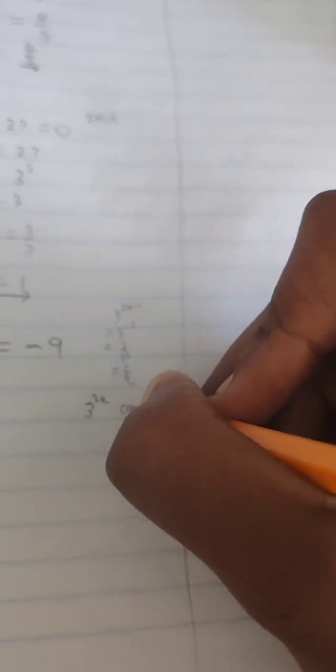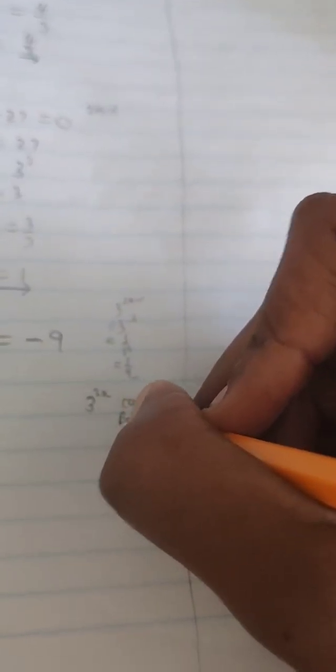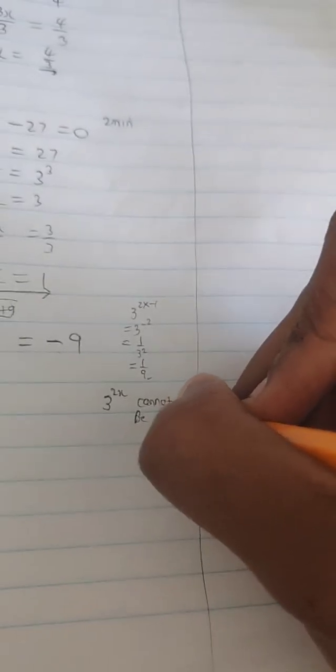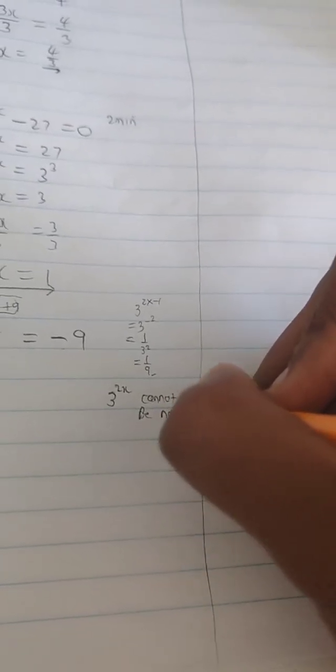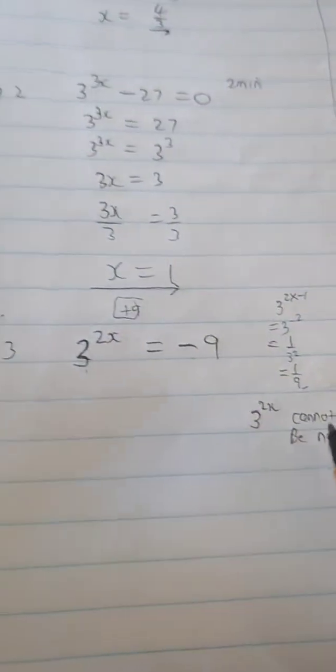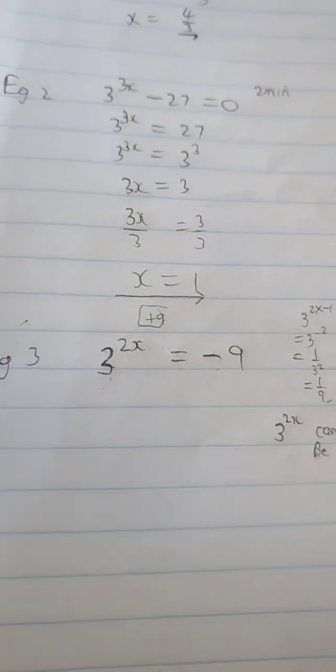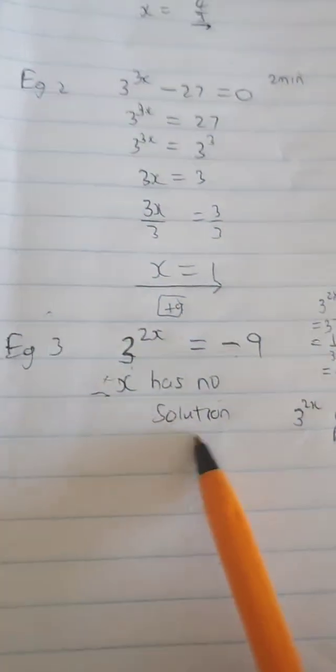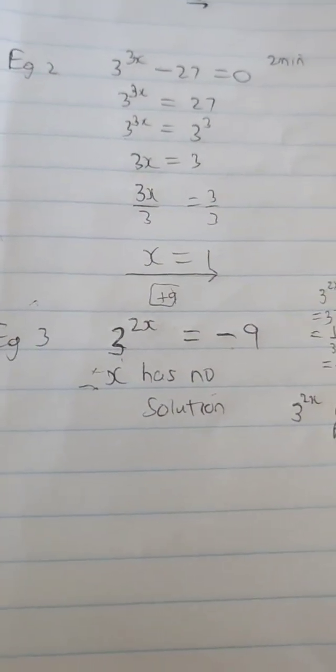So 3 to the power 2x cannot be negative. It's impossible. Do you see that, guys? All right, I hope you get the point. So we can just immediately say x has no solution. There is no need for us to move any further.